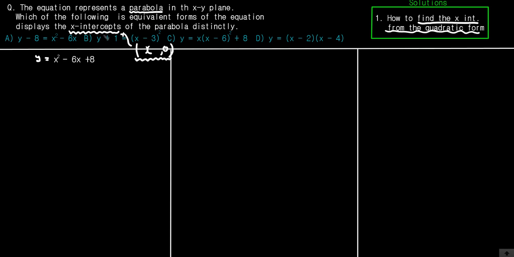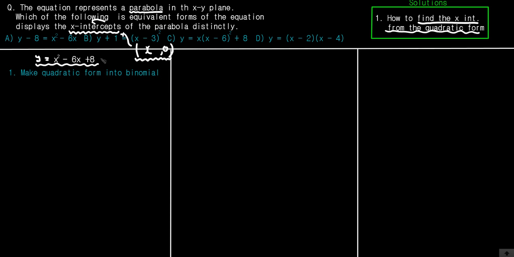If we think about how to convert into x-intercept form, you need to make the quadratic form into a binomial. Let's convert this into a binomial.